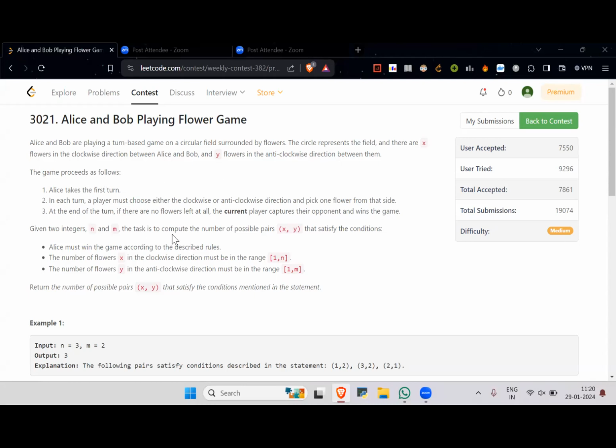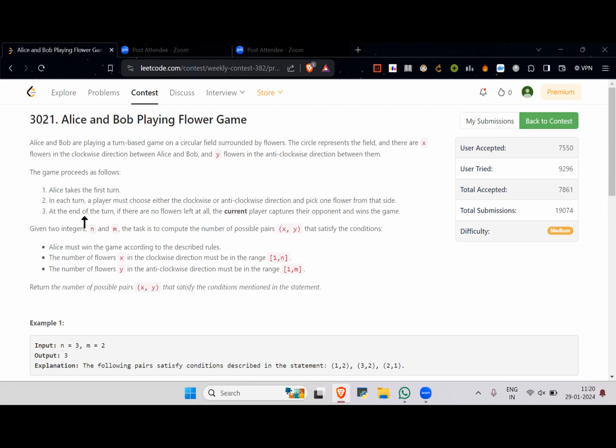Now in the game, there are basically three different rules. Alice takes the first turn no matter what, and in each turn, the player has to choose whether to pick up flowers from the clockwise direction or from the anti-clockwise direction.